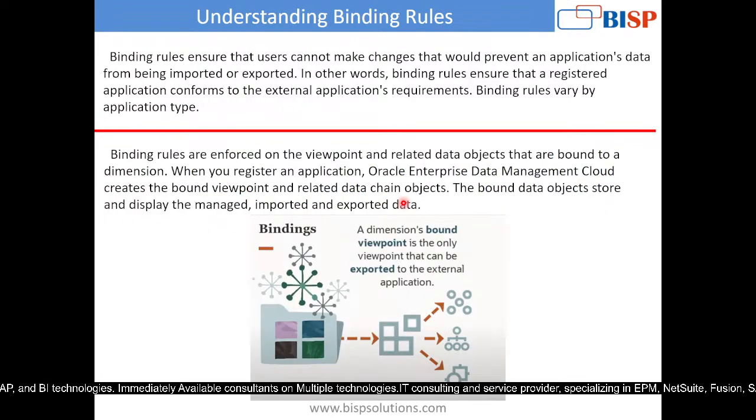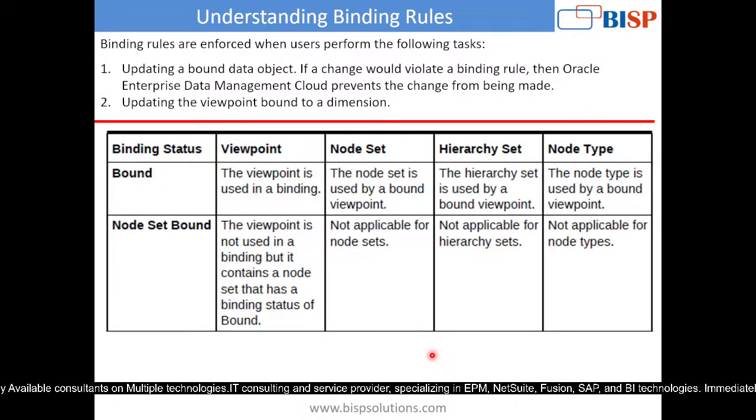Likewise, as I showed in the previous slide, this is the viewpoint and it is bound by these three things, and all together it is called the data chain object. So all four of them will be bound. If it is node set bound, then the viewpoint is not used in a binding, but it contains a node set that has a binding status of bound, and these three will not be applicable at that time.